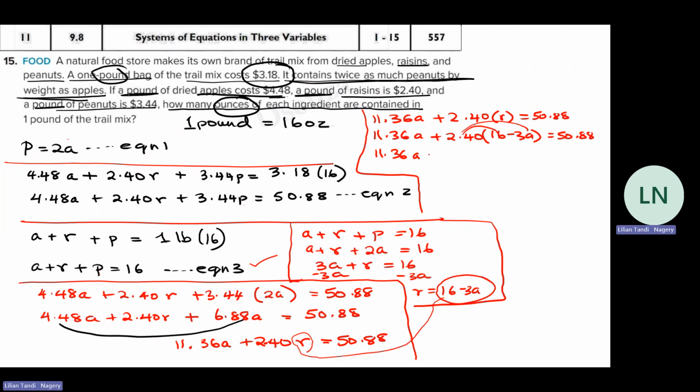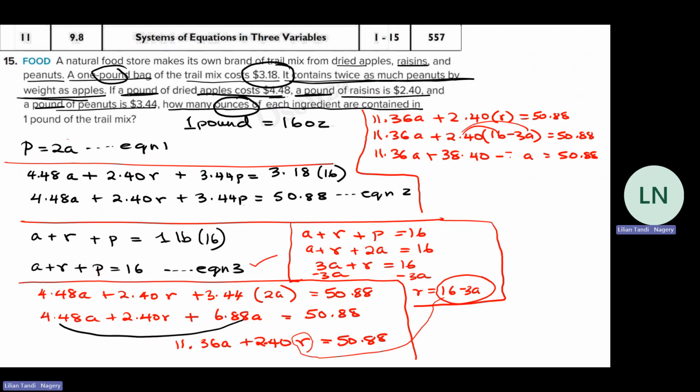And when you multiply this one, you should get 38.40. And then minus 6A equals 50.88. Oh, no. This is 2.4, cannot be 6. That should be 7.2.